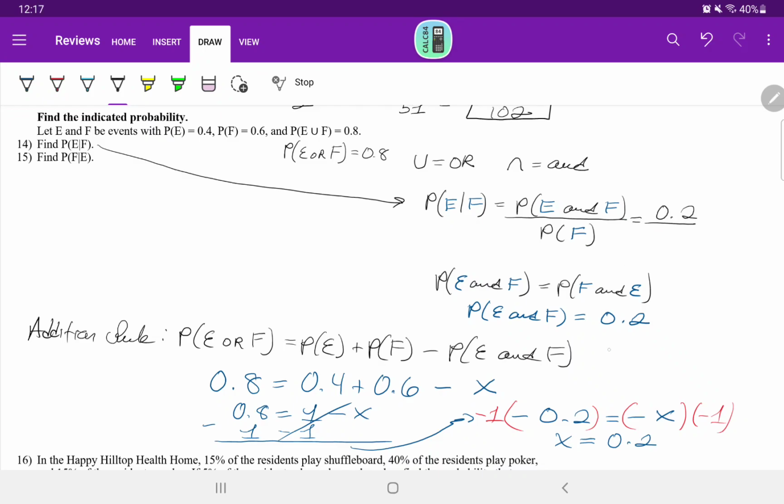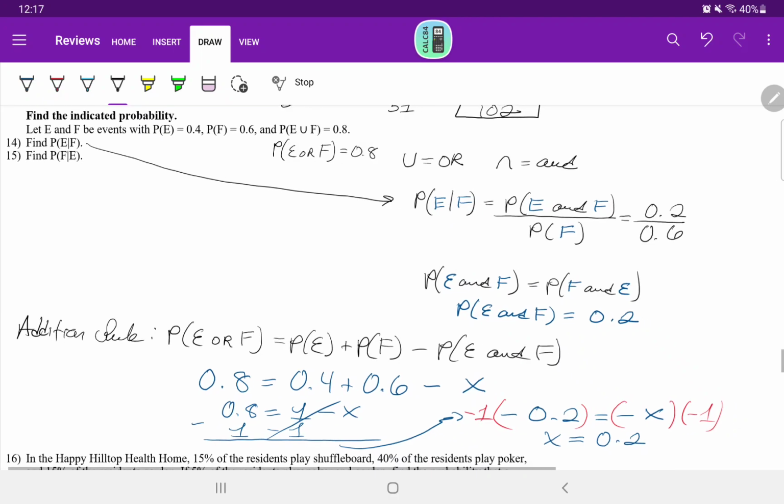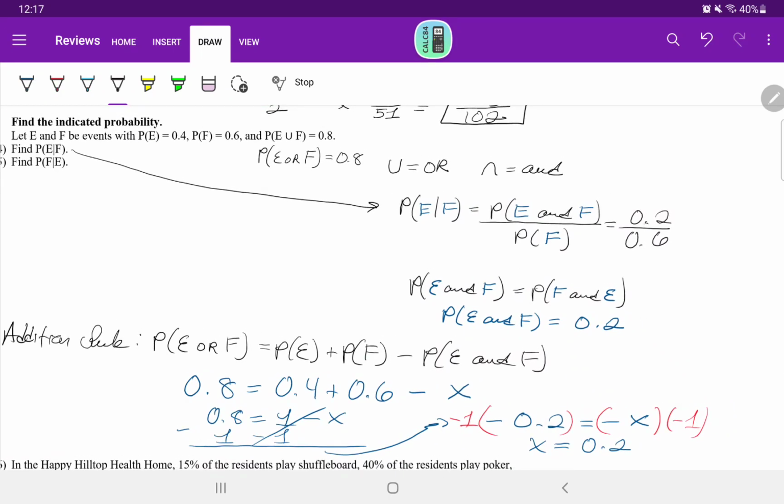The probability of F is going to be 0.6. I can move the decimal over to the right in my numerator and denominator one time. 2 over 6, and that equals 1/3.